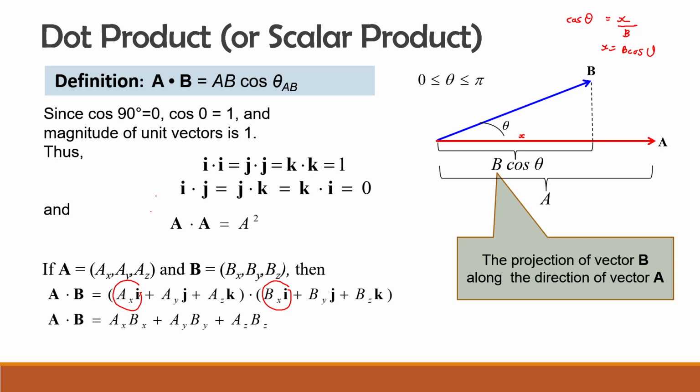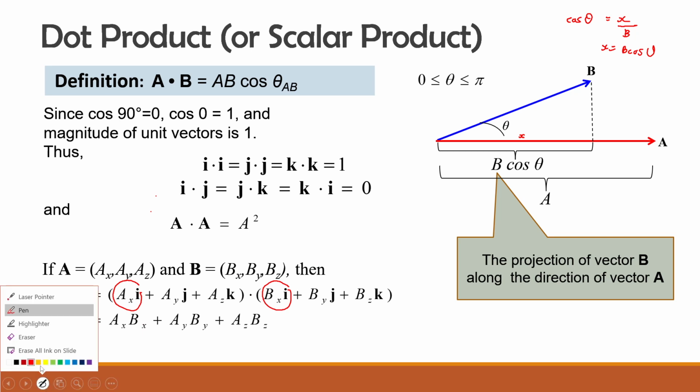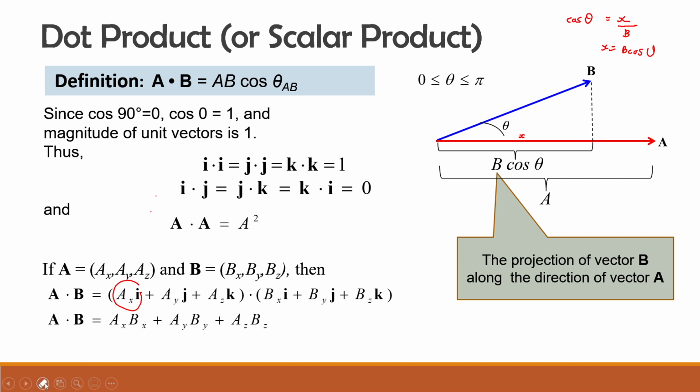If you take AX I multiply with BY J, because I dot J is 0, the result is 0. Similarly, if you take AX I dot with BZ K, because I dot K is 0, the result is 0.